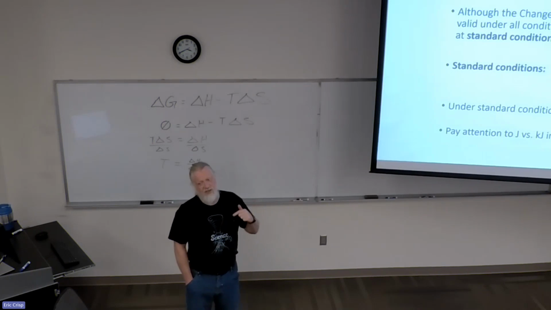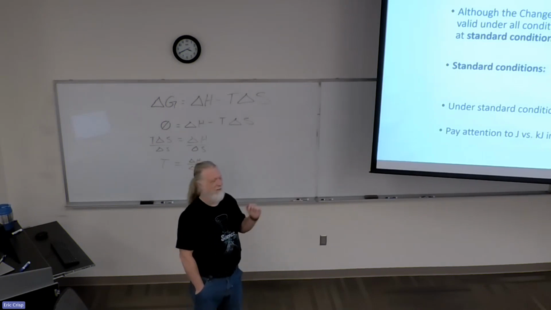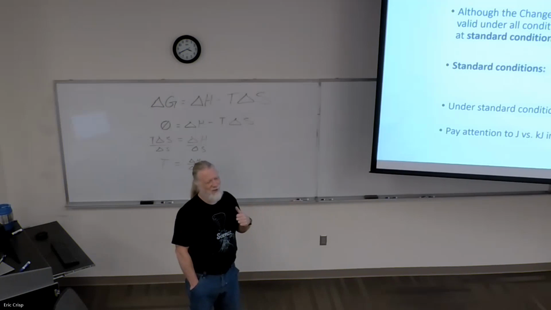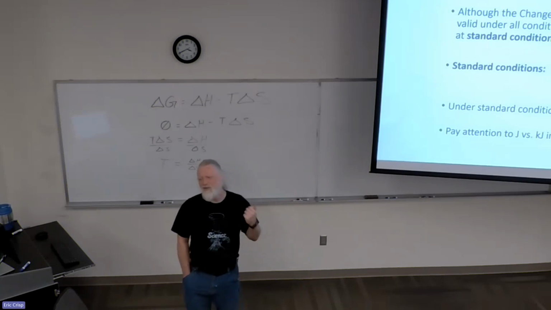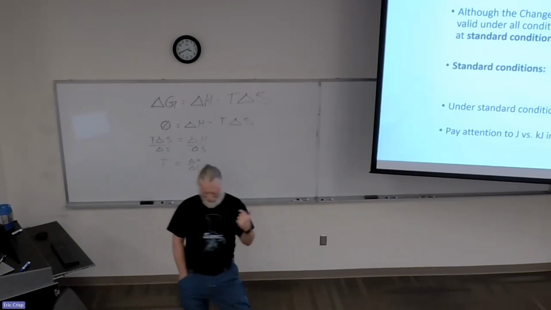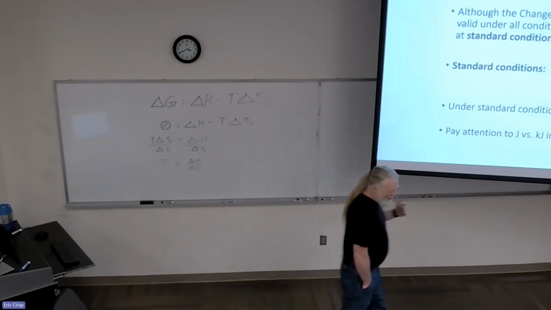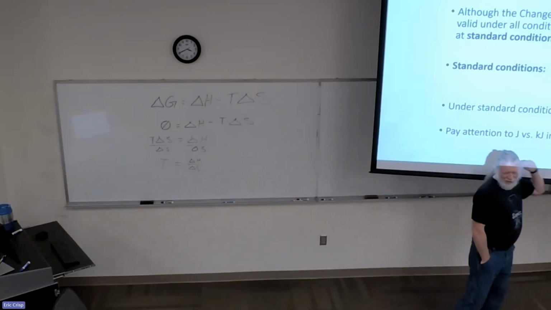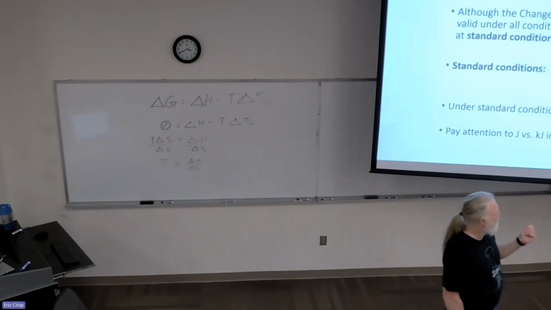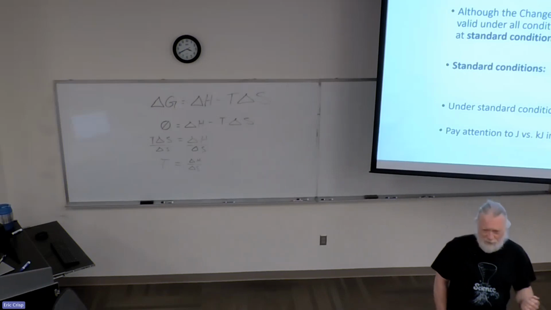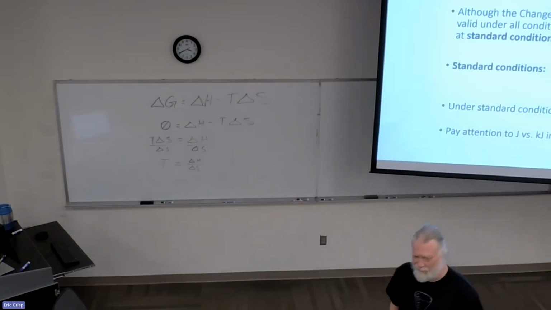What are the units for delta G? Kilojoules. What are the units for delta S? Joules. I'm sorry that they do that, but they do. Almost always the delta G and the delta H are in kilojoules, and the delta S is in joules, and I always see somebody screw it up by treating them all as kilojoules or all as joules. So please be very careful.